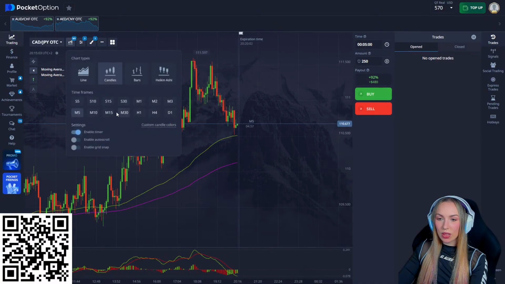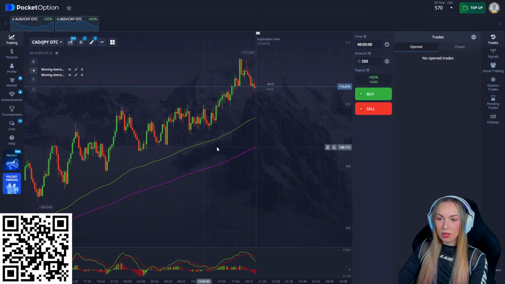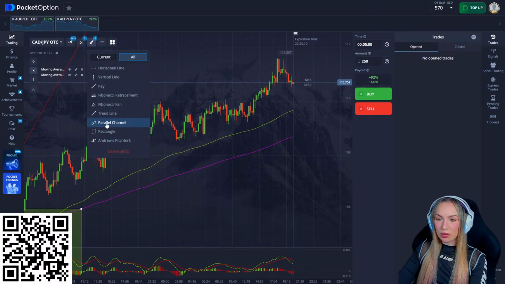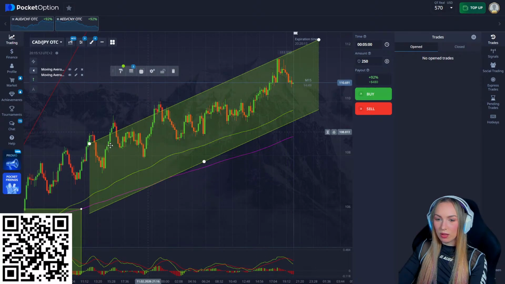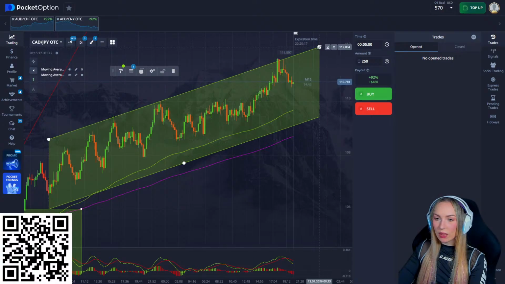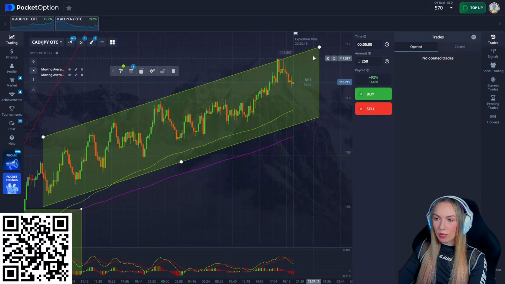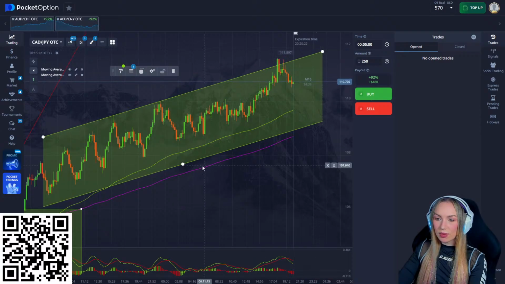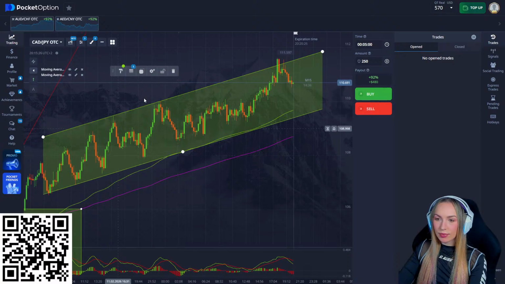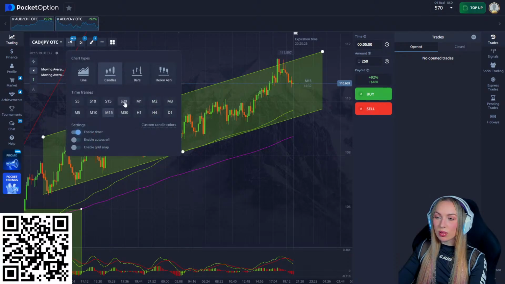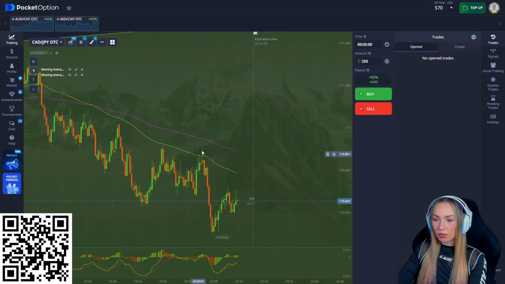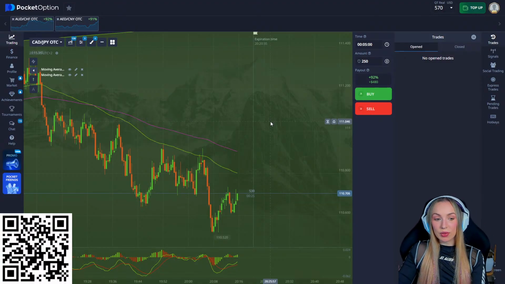CADJPY, what is going on here? Also, this one moves in an upward parallel channel, but it seems like it's too far from the support, so maybe we can take advantage of it and open the trade in the downward direction. Even though I do not prefer to do that, I always open trades in the downward direction if there is a downward trend.